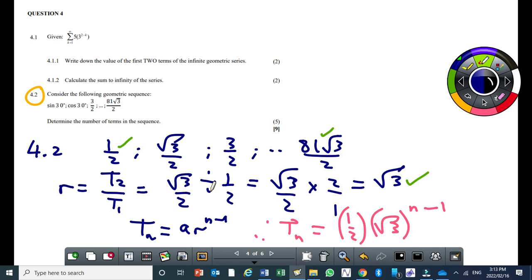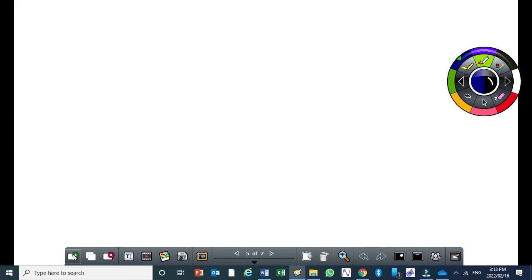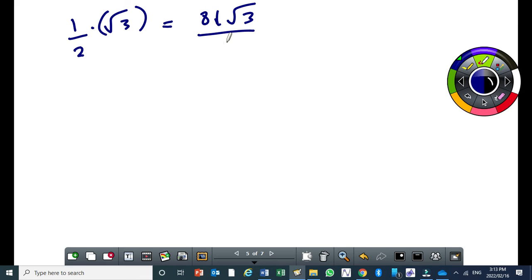So we're going to equate the last term to the right hand side of the general term. Can I move on? Alright, so we're going to get a half times square root of 3 to the power of n minus 1, and this is equal to 81 square root of 3 all over 2.